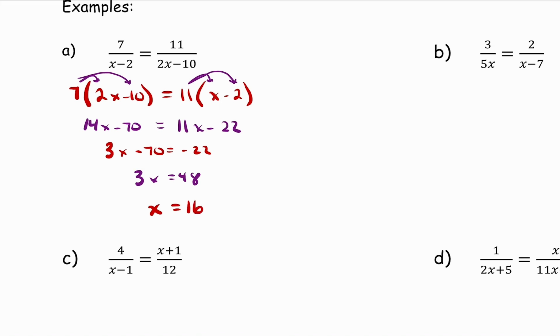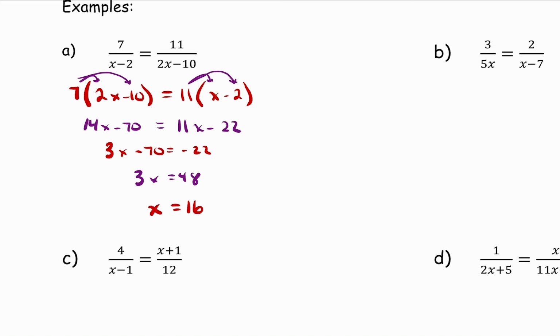Now, the one thing that we have to make sure of is we cannot divide by 0. That's never allowed. That makes this undefined. And so we just need to mentally check if we plugged 16 in for x, would that create 0 in the denominator? On the left-hand side, we have 16 minus 2 is 14, not 0, no problem. 2 times 16 is 32, minus 10, not 0.